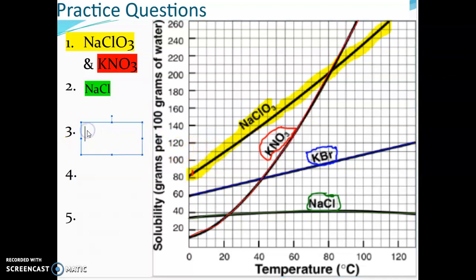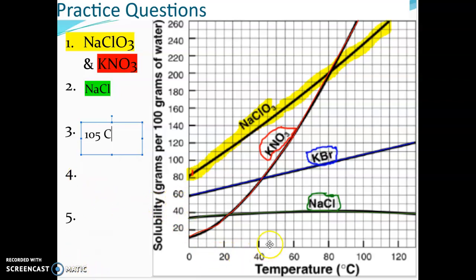So I am going to write that right here, 105 degrees Celsius. At this point, if you're feeling pretty confident about solubility graphs, I recommend pausing this video, doing number 4 and 5 on your own, and then coming back to the video to check your answers. Everybody else, let's move on to number 4.